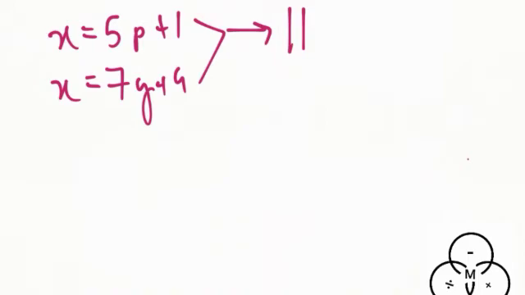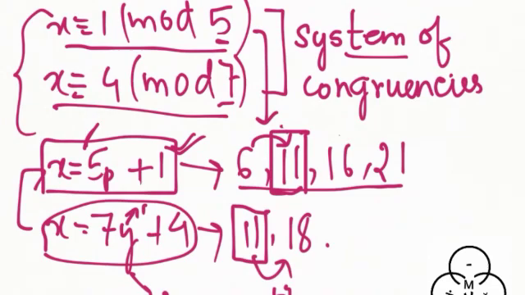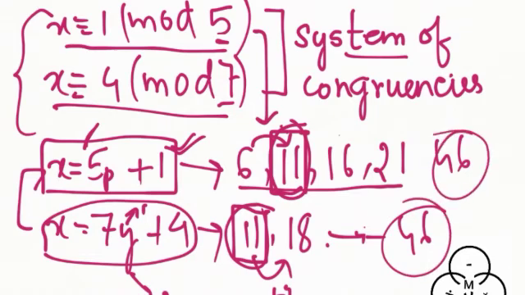If you continue the chain, you will find that the next common solution will be 46. Both will be 46, right? And if you go further, you will find that the next solution is 81. Perfect. You can go like this and you will find all the solutions.